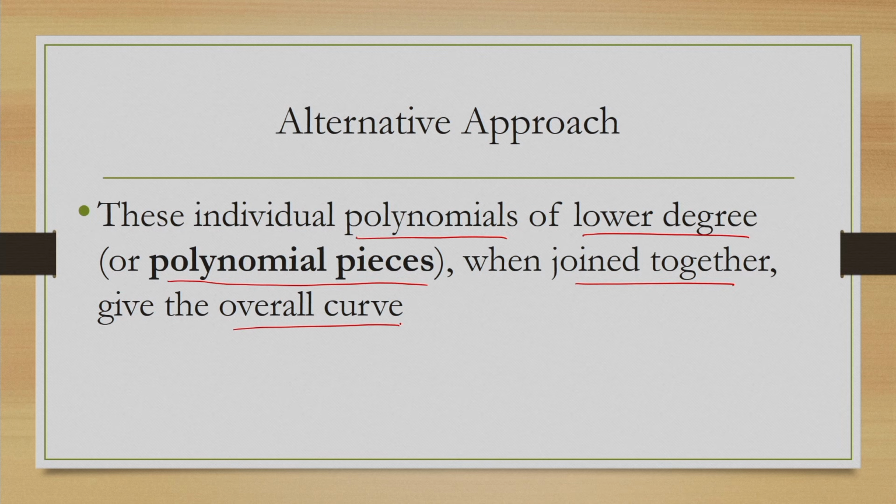So, the idea is very simple. You are given a large number of control points, but it is not necessary to fit a single polynomial curve using the entire set of control points. Instead, what we do, we divide the entire set of control points into subsets of smaller numbers. Each subset contains very few control points.